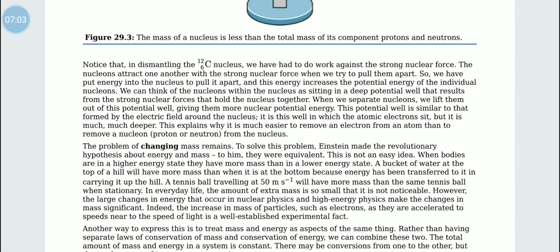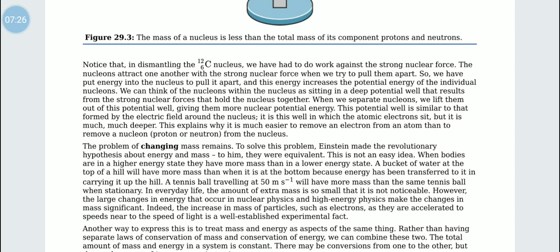However, in relation to these tiny nucleons, in nuclear physics, the energies are quite high in comparison to the size of these particles.